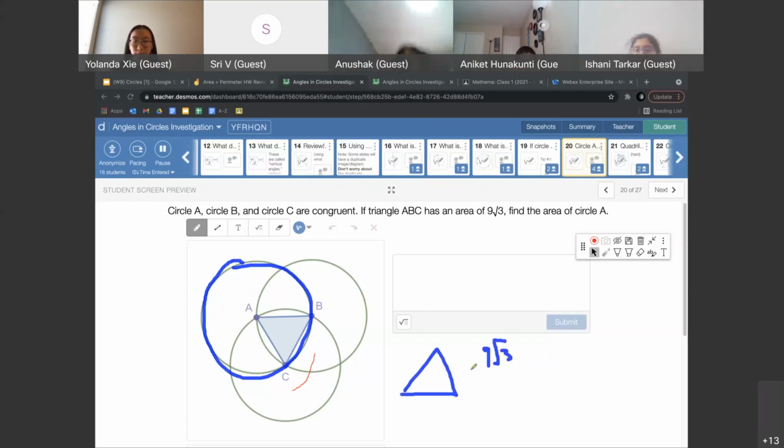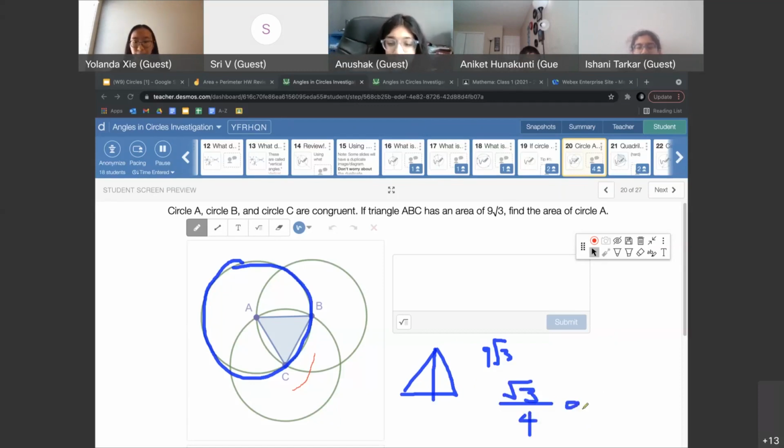So there are two main ways you can find the area of an equilateral triangle. You can recognize that it's two 30-60-90 right triangles and then try and figure it out through that. Or you could use a formula. We actually found this formula in one of the previous lessons.